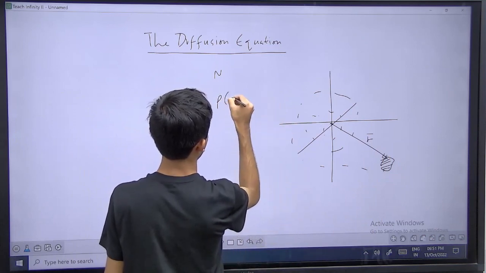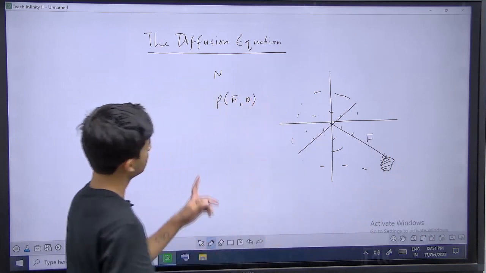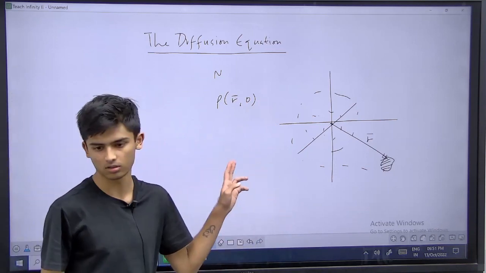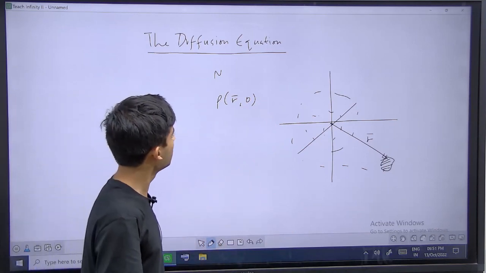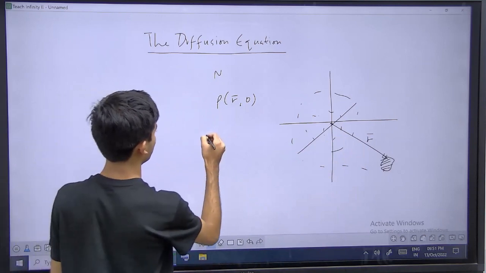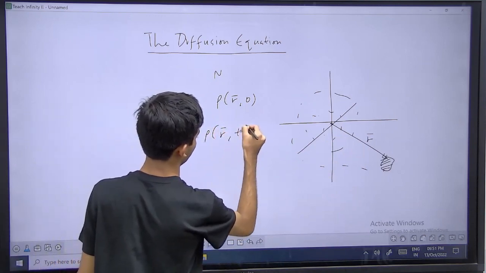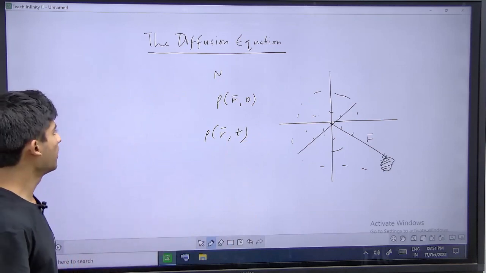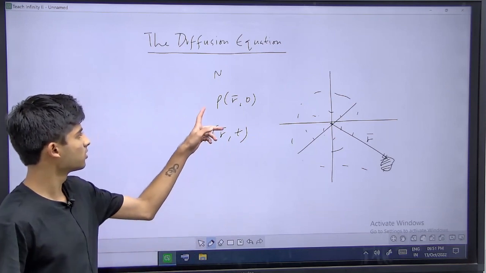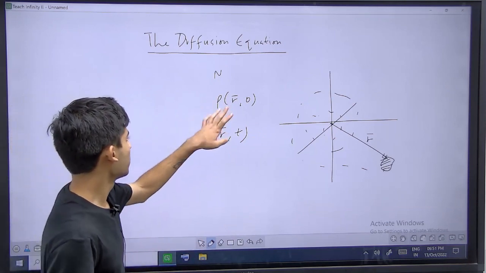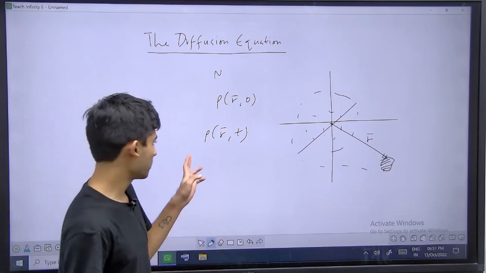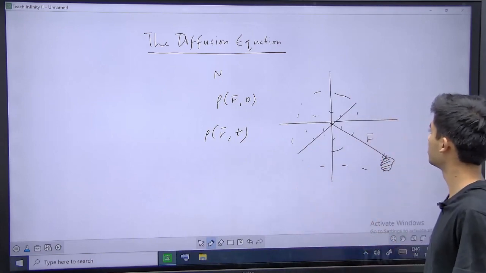So we are given rho, which will now denote the density of particles. It's the number density, not the mass density, at this vector r, and in general we want to find how rho of r comma t looks like, and that's what the problem is all about. So this is an initial condition which will determine the value of this rho at a given later time.